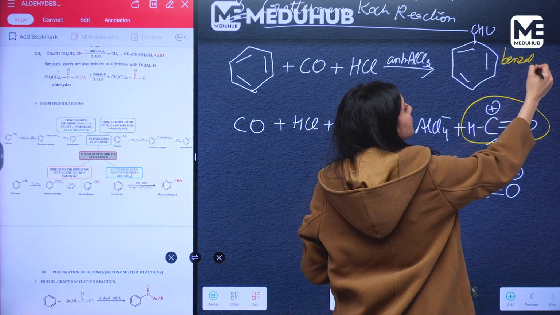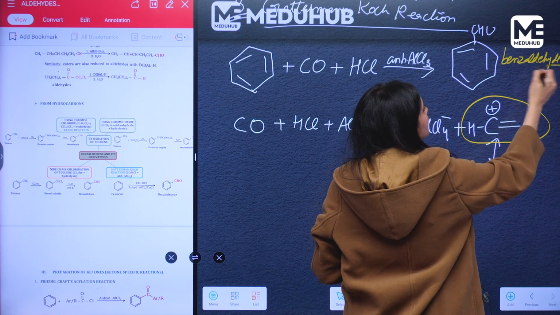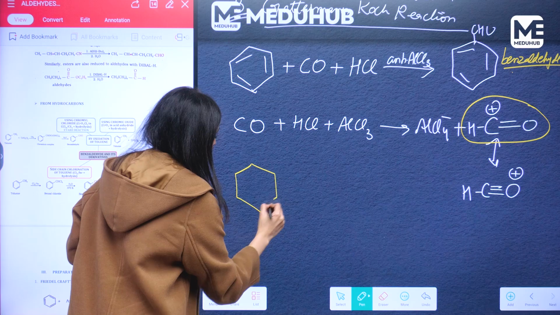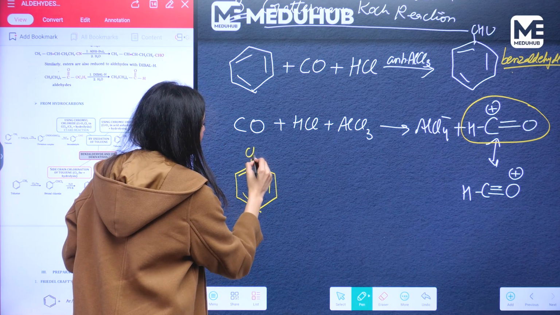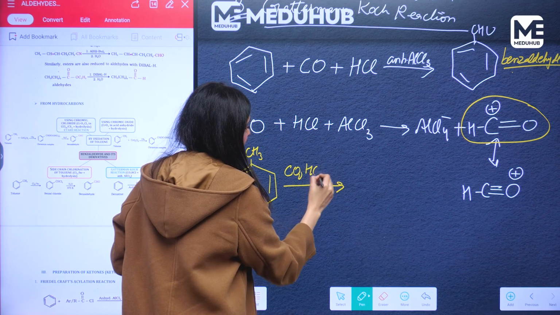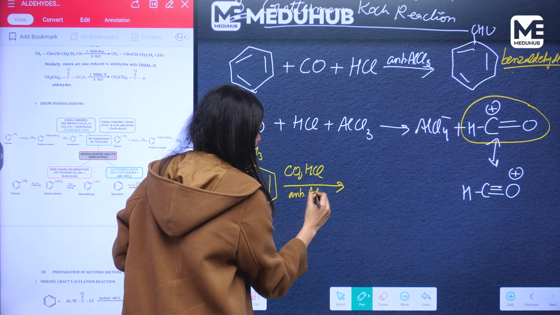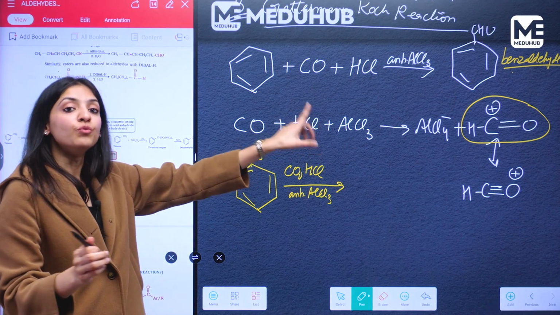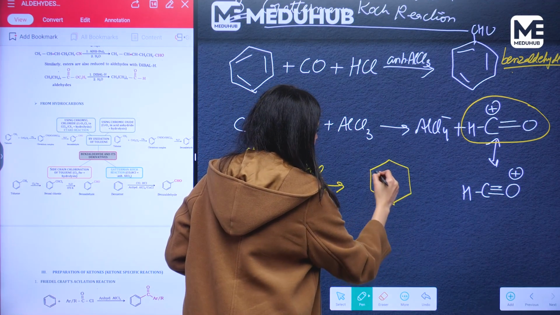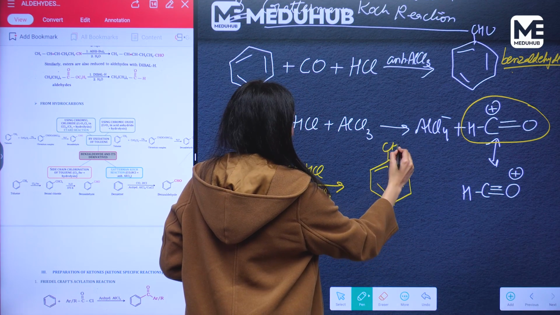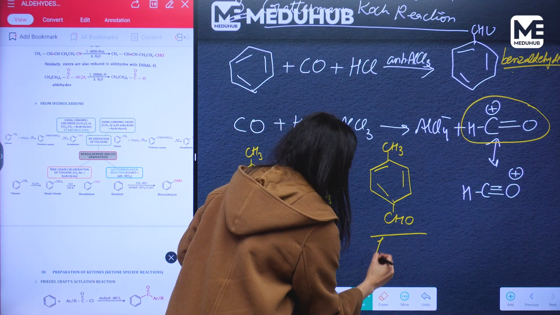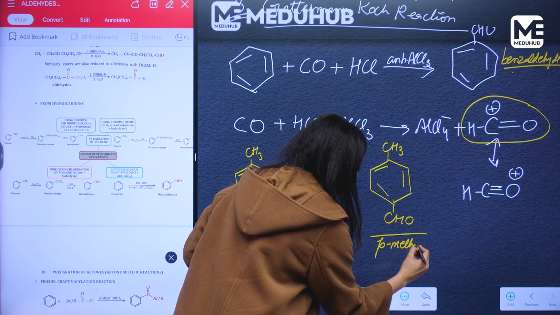Benzaldehyde. If we have a substituent on the benzene ring, for example toluene, in such a case, if we add carbon monoxide, HCl, anhydrous AlCl3, the CHO group will only come at the para position. So we will get paramethyl benzaldehyde.